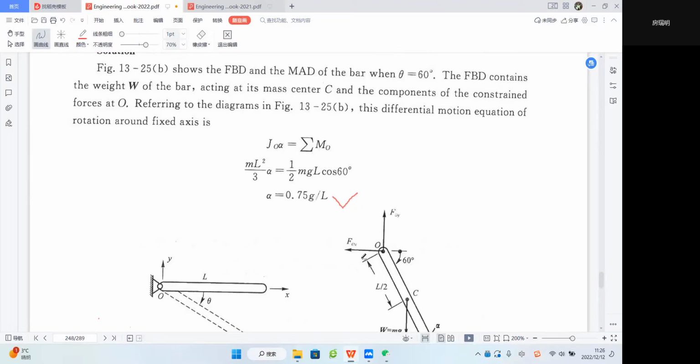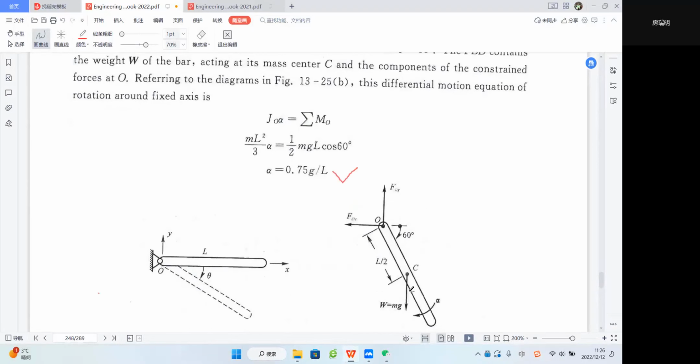These two components, F_y and F_x, never have moment about O. So only the weight. If this angle is 60, right? Now here should be 30, this angle should be 30 degrees.